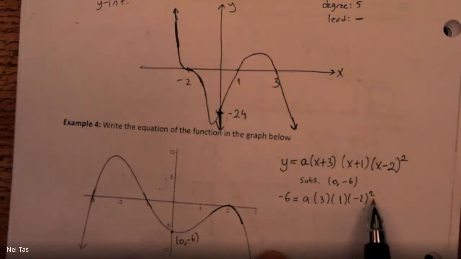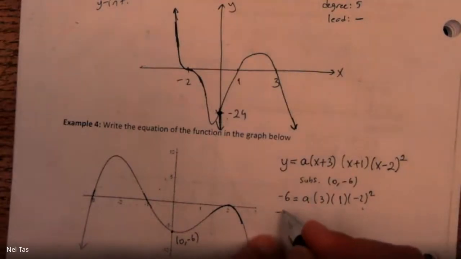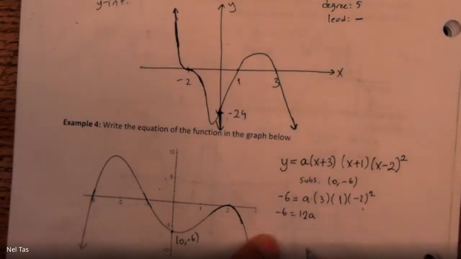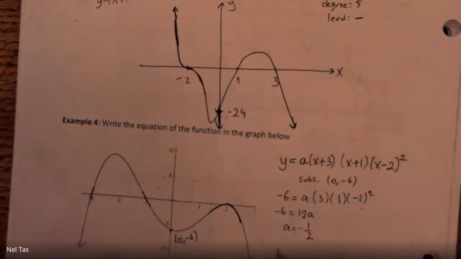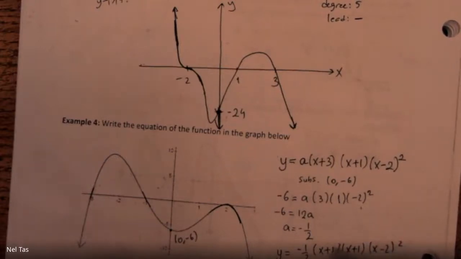So -2 squared is 4. 4 times 3 is 12. So -6 equals 12a. Divide both sides by 12. So you get a being -1/2. So the equation is y equals -1/2 times (x plus 3) times (x plus 1) times (x minus 2) squared.